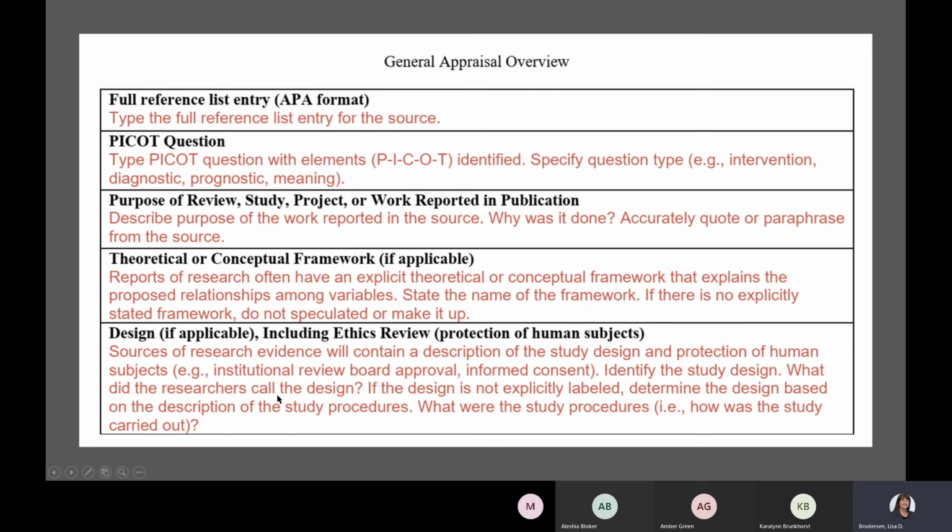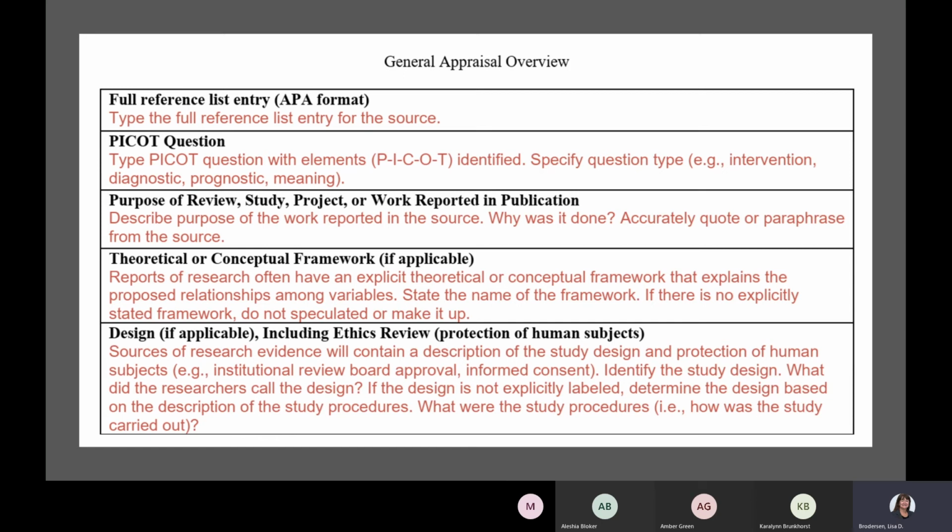And I would be prepared, if I were you, to dig up your nursing research textbook from undergrad, or to check one out in the library so that you can review research designs. Now, the textbook for this course does review research designs quite a bit, and to some extent they really go overboard with some of the statistical information that you will find when those types of designs are used.